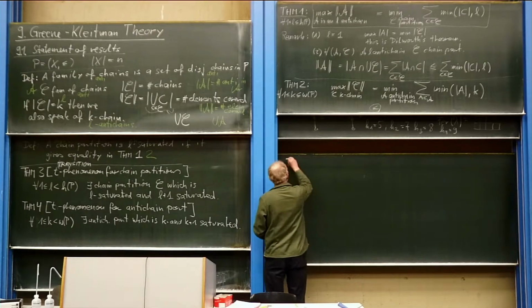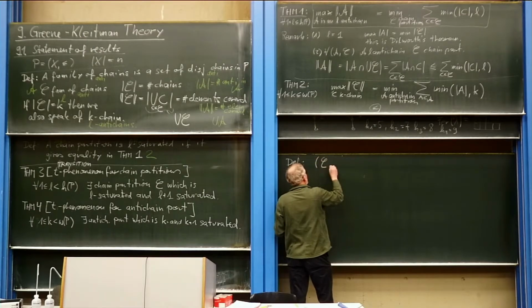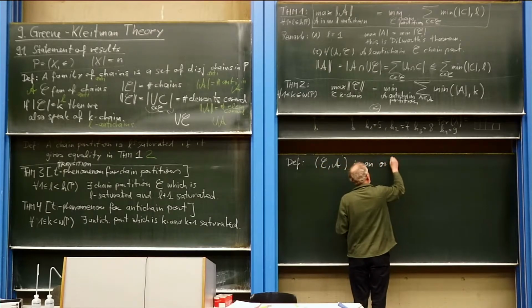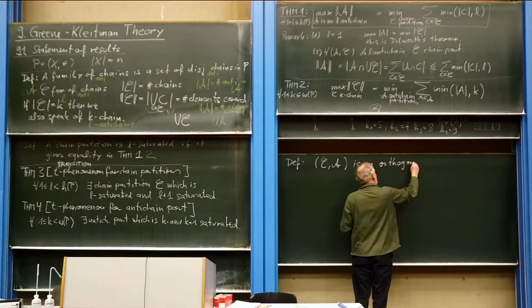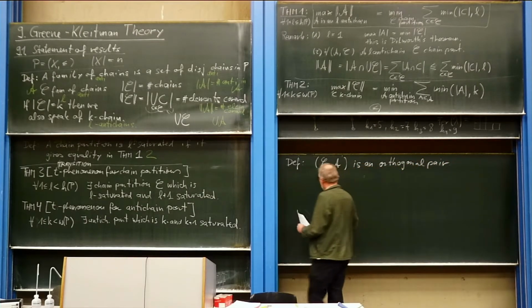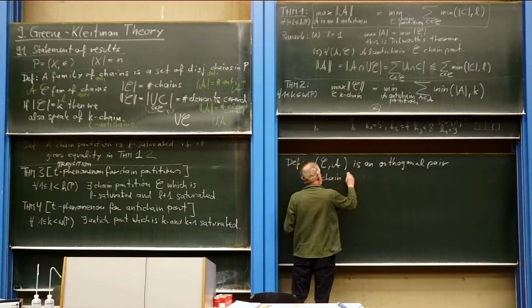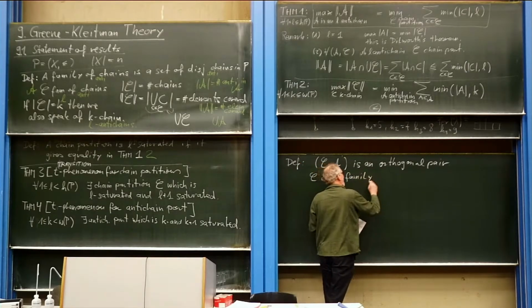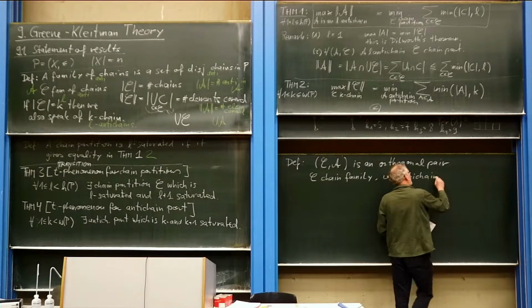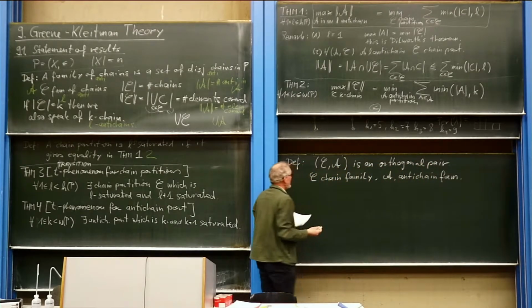So here is the definition. C and A is an orthogonal pair if C is a chain family, A is an anti-chain family, and in addition, we need two properties.